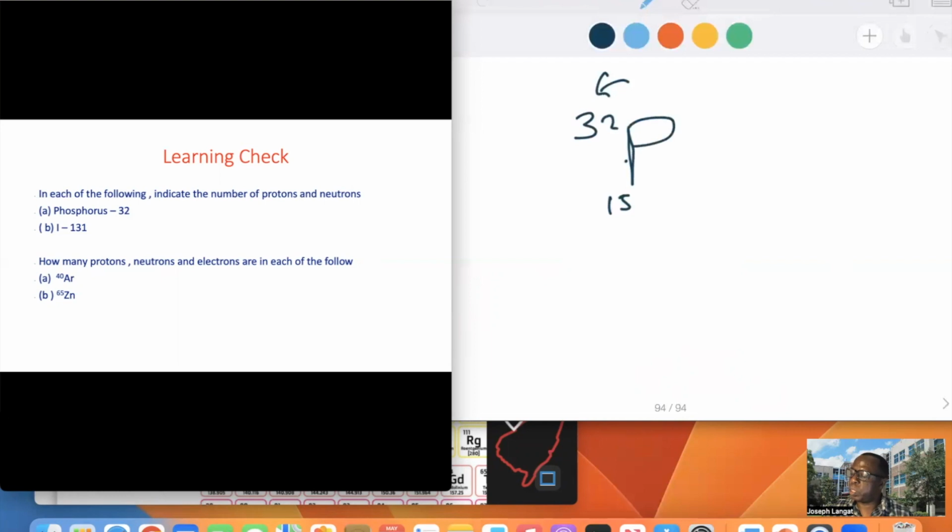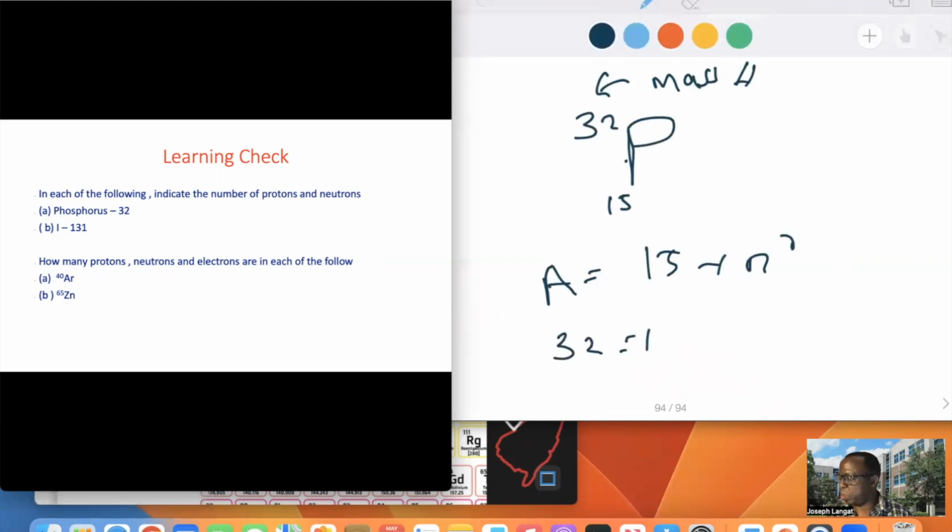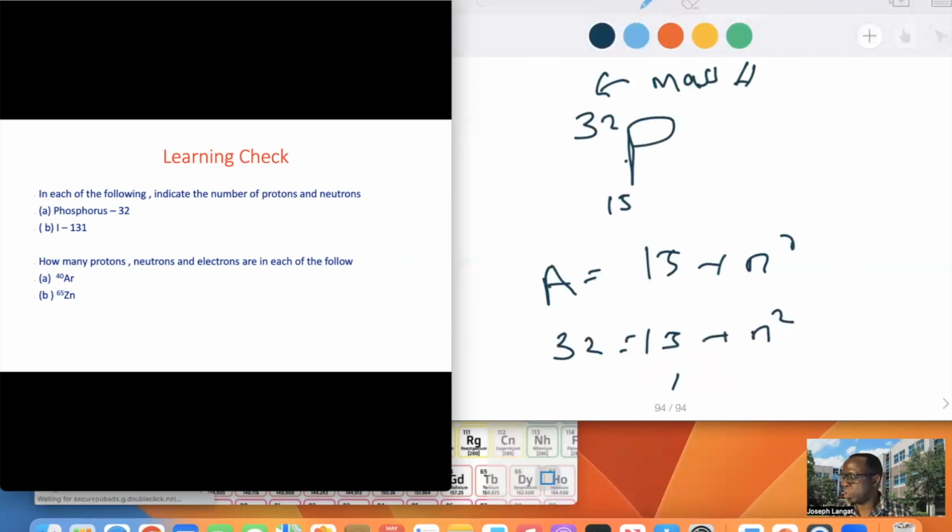This is the mass number, so 32 equals 15 plus neutrons, and neutrons equal 17.